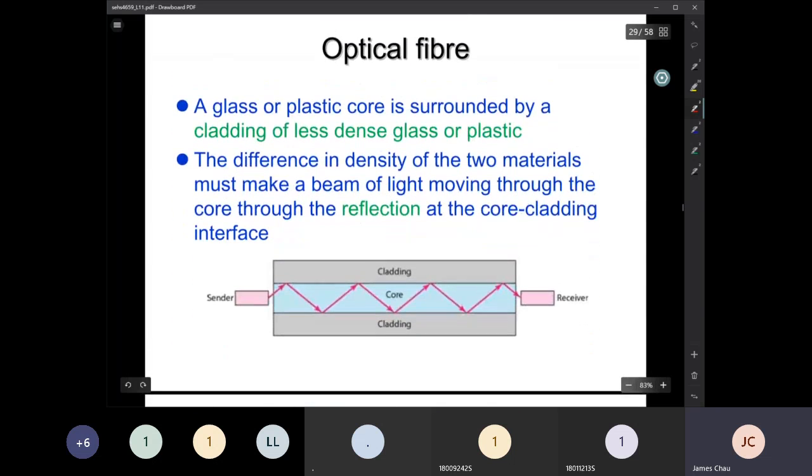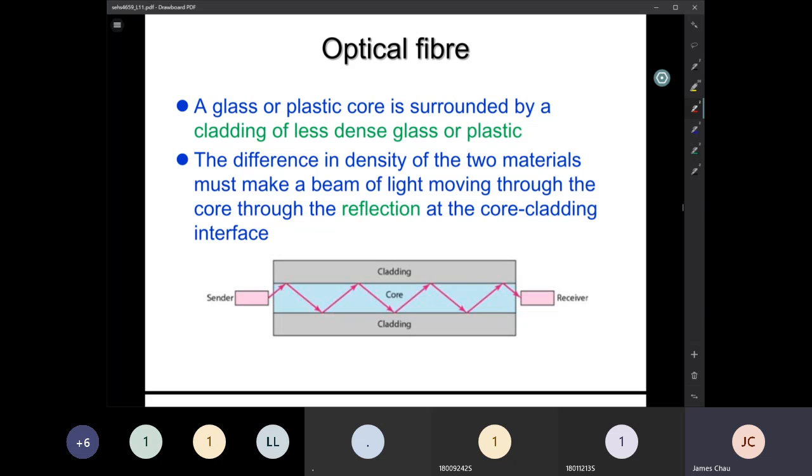Now for the optical fiber, we have a glass or plastic core. You can see in the middle, it is made of glass or plastic, surrounded by a cladding of less dense glass or plastic. Cladding means it totally covers the whole inner material.